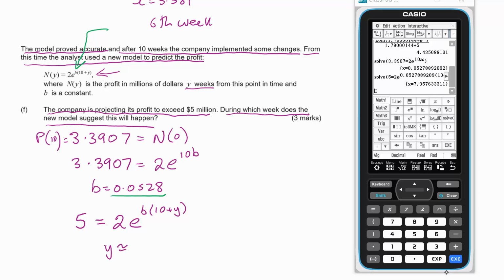So y is approximately 7.36, and that means the 8th week after the changes.